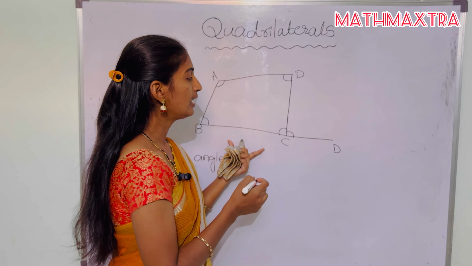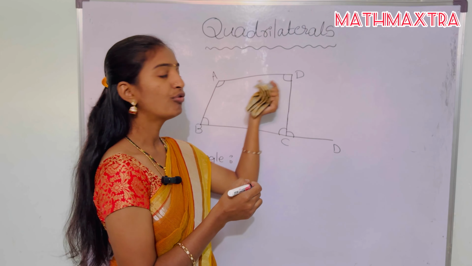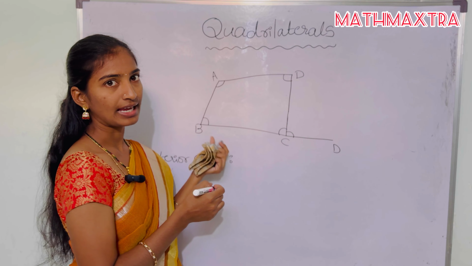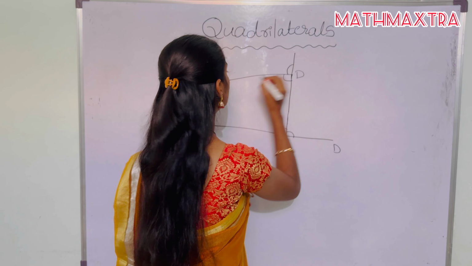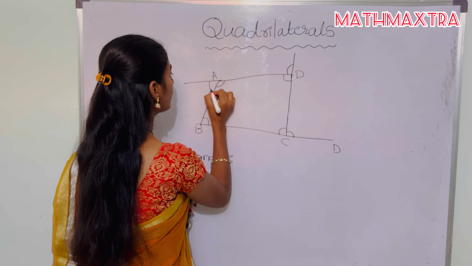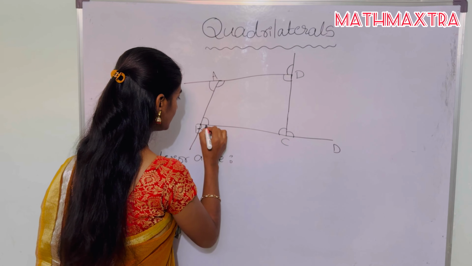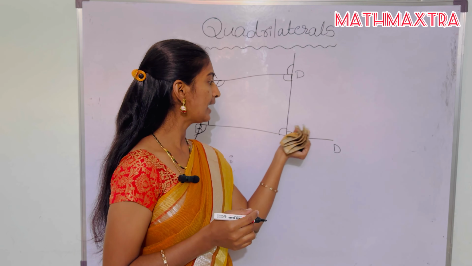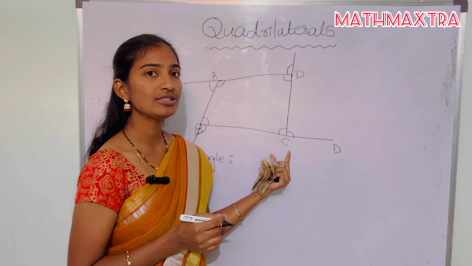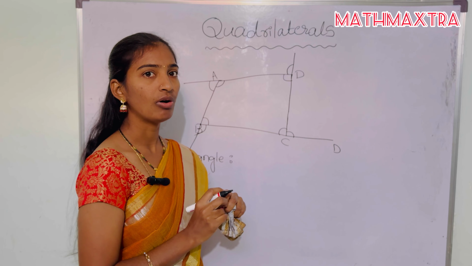Okay. Similarly, we can form four exterior angles at four vertices. See, this is one exterior angle. This is one exterior angle. This is one exterior angle. Okay, and the interior angle and exterior angle at each vertex are always supplementary.